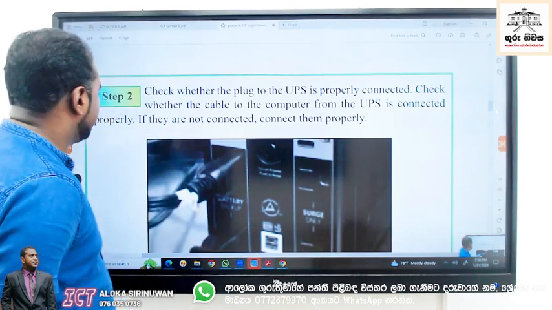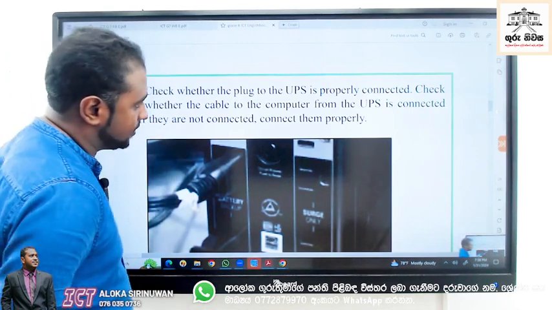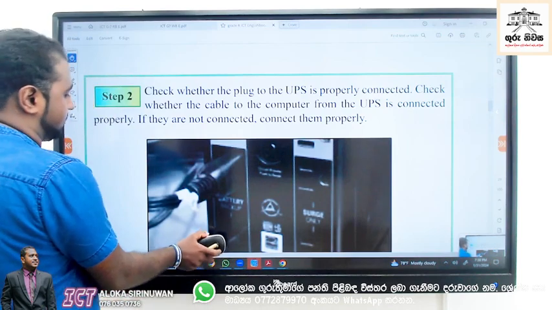Okay. Step number 2 is written? Not connect them properly. Right.